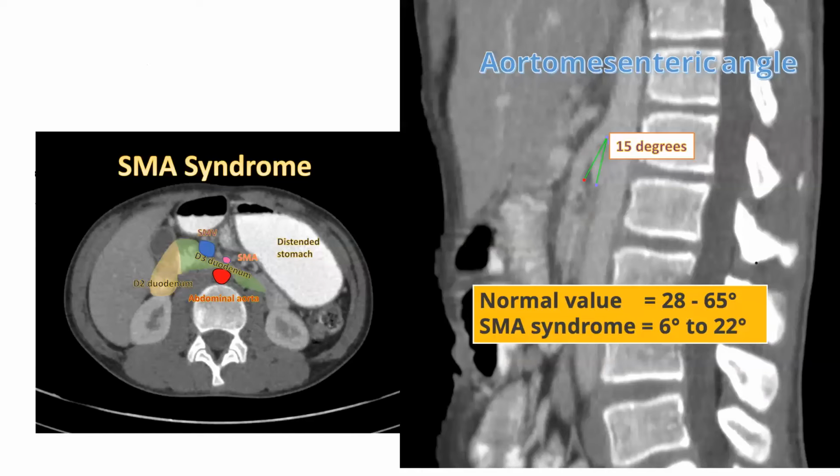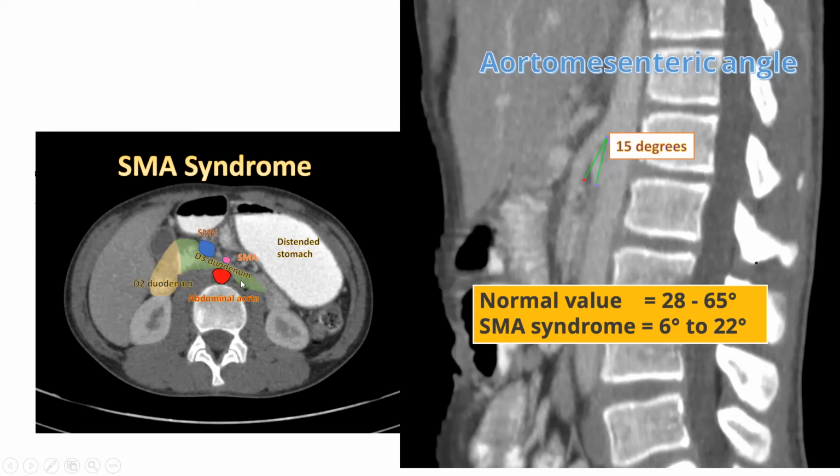SMA syndrome, on the other hand, is also known as Wilkie's syndrome or aortomesenteric duodenal compression syndrome. It's also a vascular compression disorder in which there's acute angulation of the superior mesenteric artery, and because of this, there's compression of the third part of the duodenum.